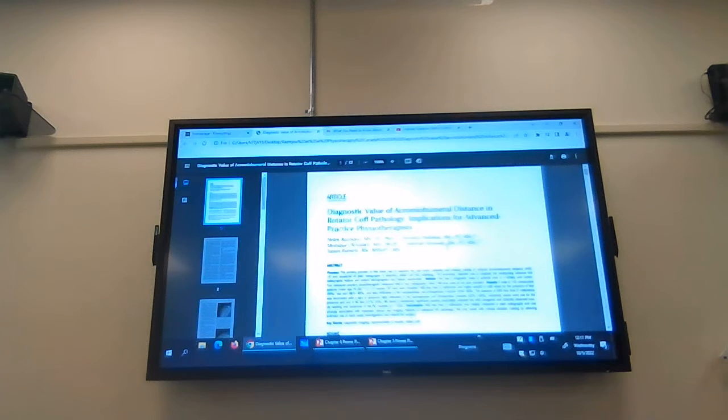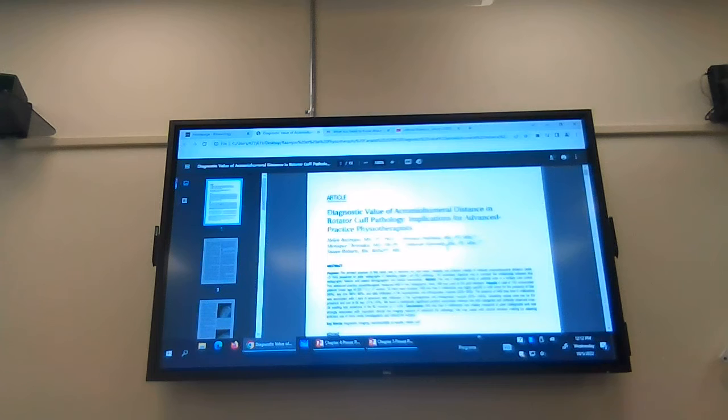Horizontal abduction? That's right. Because then I'm like, I think it's this way. So it rotates this way.